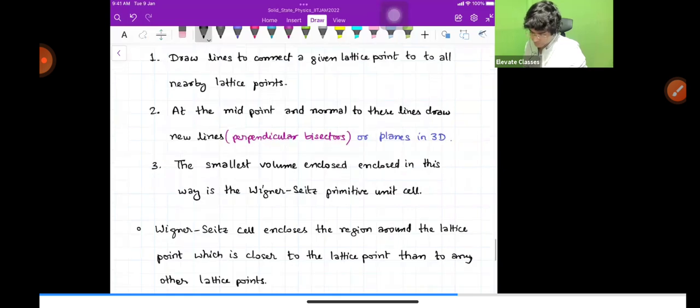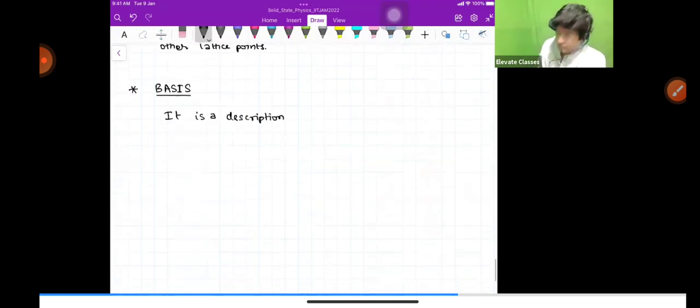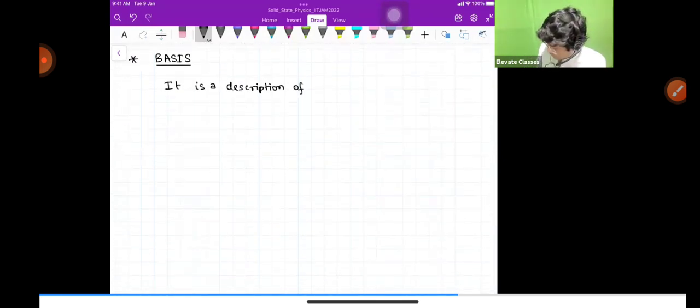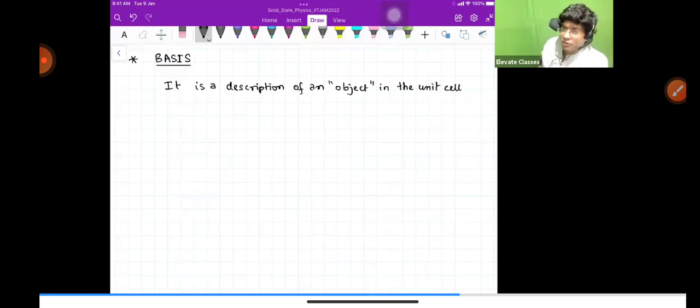All right. Now, basis is a description of an object. The object could be atoms or molecules, whatever it is, in the unit cell, with respect to a reference lattice point.